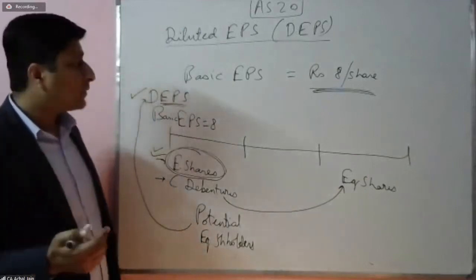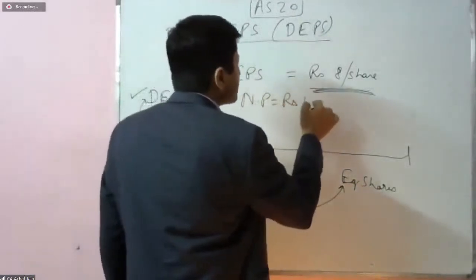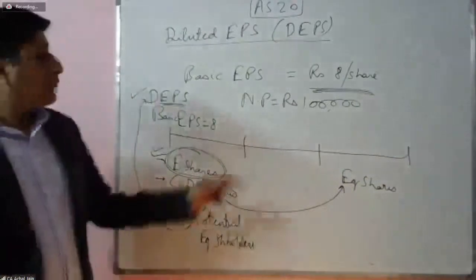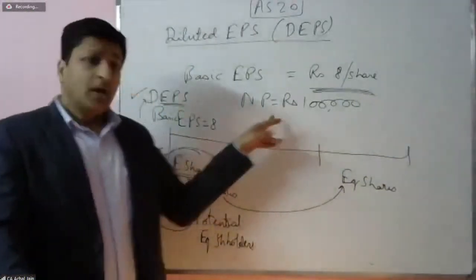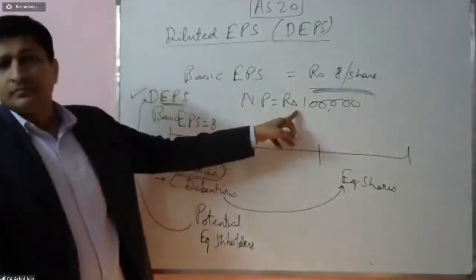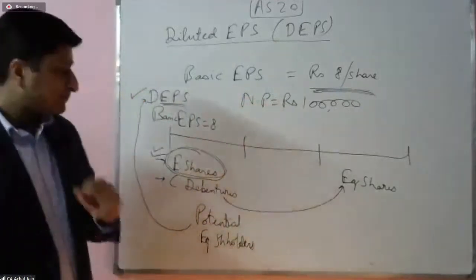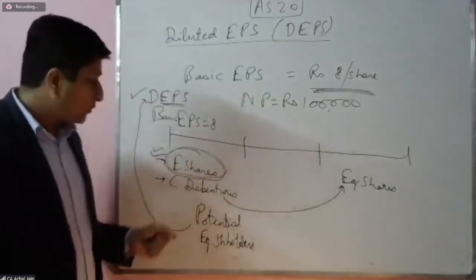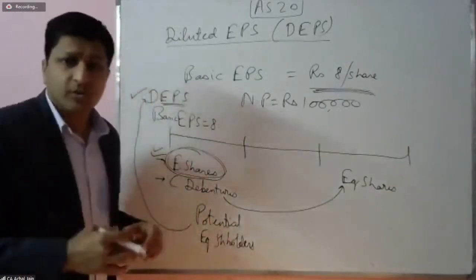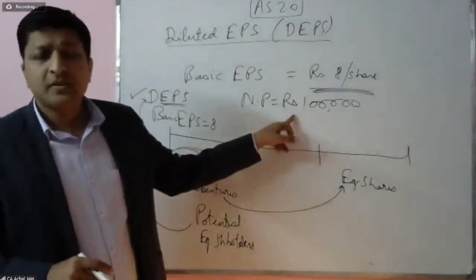Let's understand how. Let's suppose net profit of the company was rupees 1 lakh. Now while computing this profit, interest which is paid to the debenture holders would have been reduced. But in case we assume that these debenture holders are not the debenture holders, but they are the equity shareholders, then in that scenario, do we need to pay interest to the debenture holders?